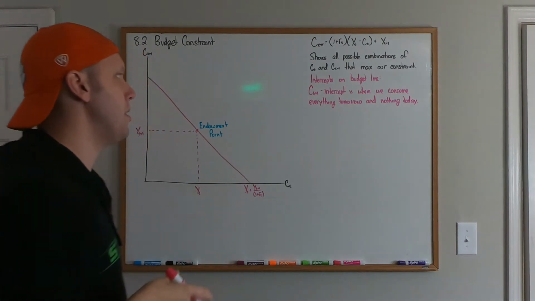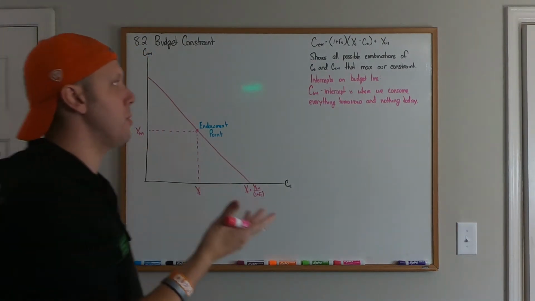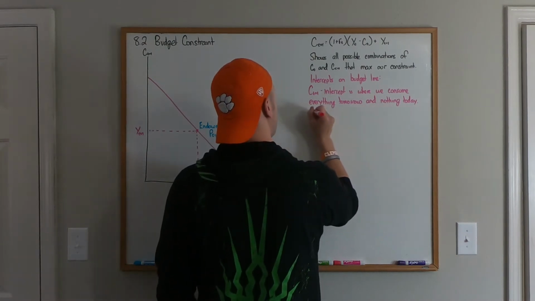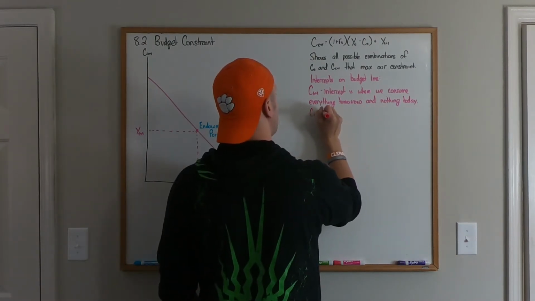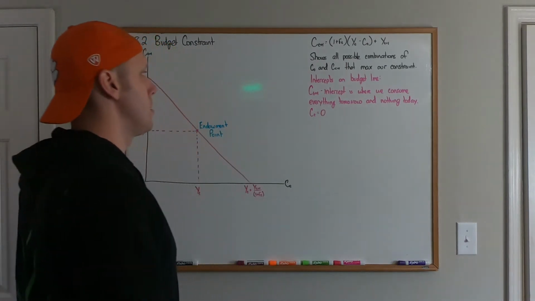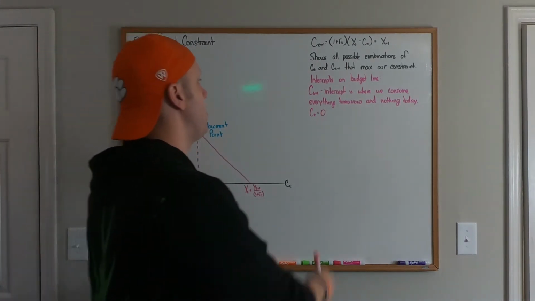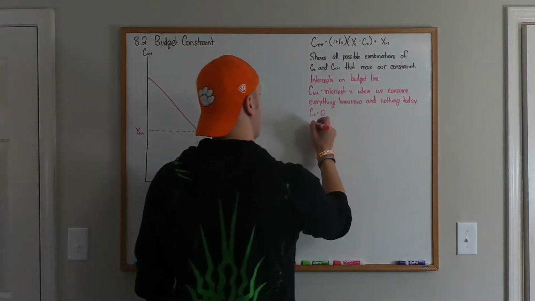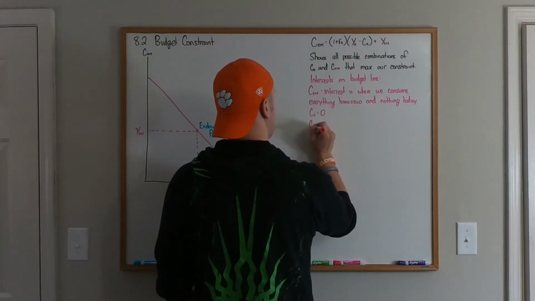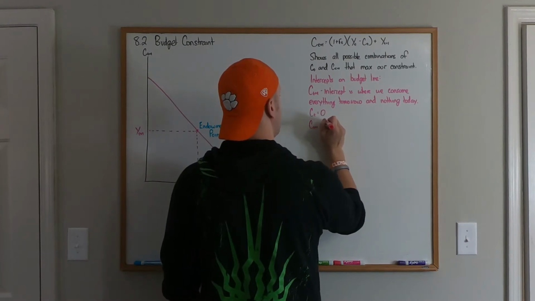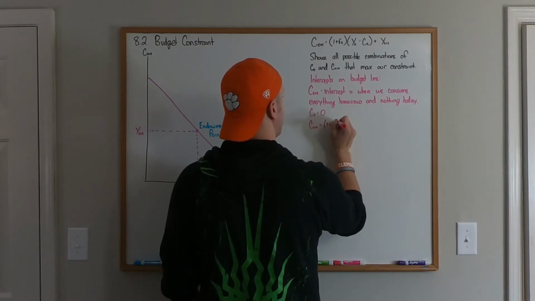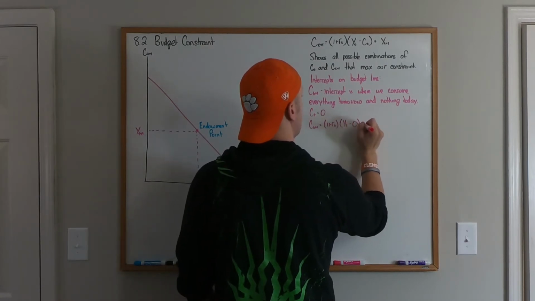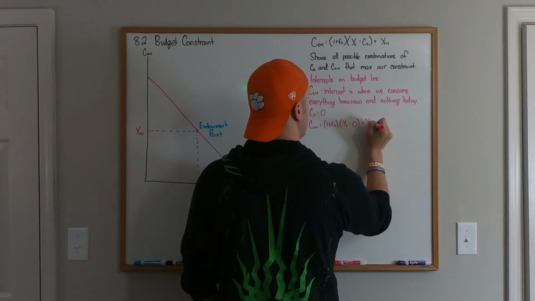So we consume absolutely nothing today and everything tomorrow. How do we do that mathematically? Well, if we consume nothing today, CT is equal to 0. So I just plug CT equals 0 into this budget constraint, and I get CT plus 1 equals 1 plus the interest rate times YT minus 0 plus YT plus 1.